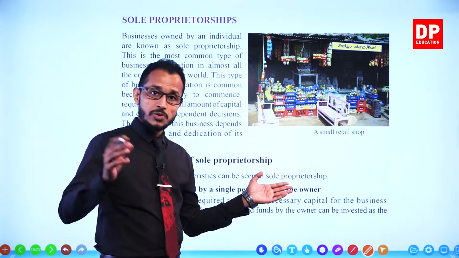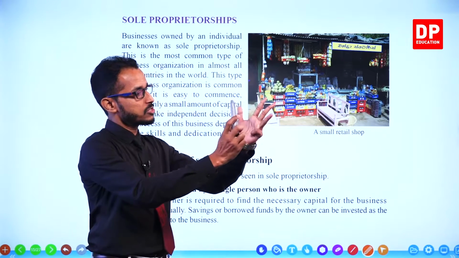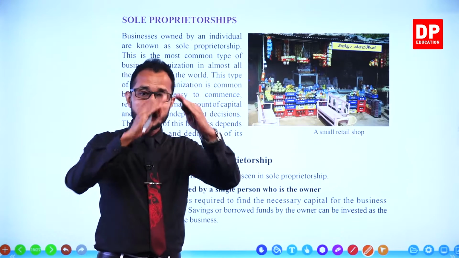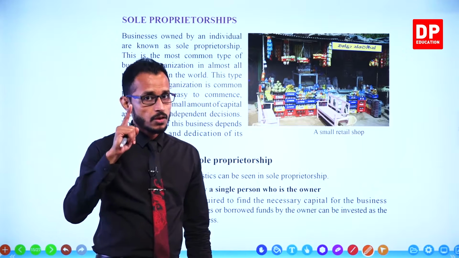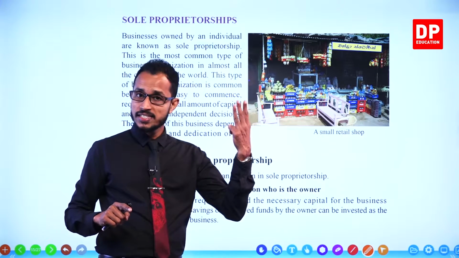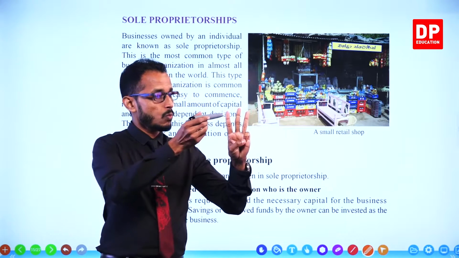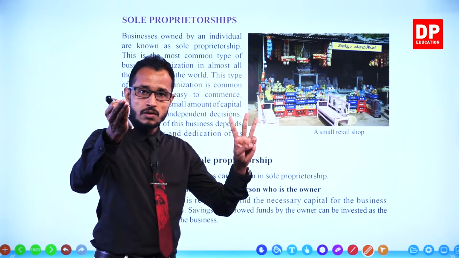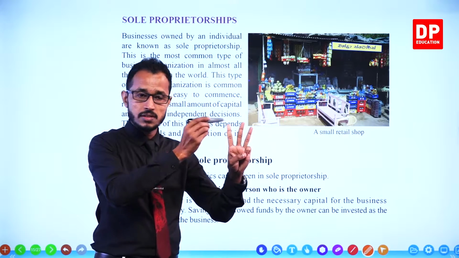In this session, children, you're going to learn about different types of business organizations. You remember how we divided business organizations? We divided them according to three criteria. What were the criteria? You tell me.